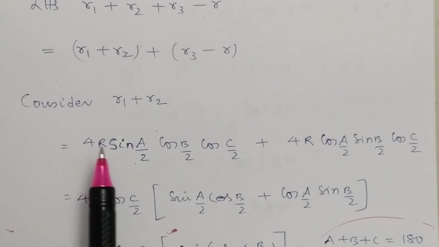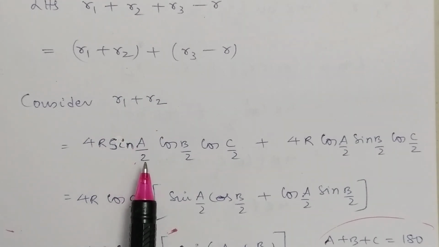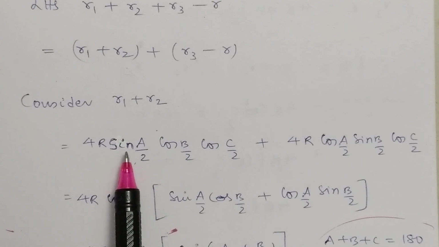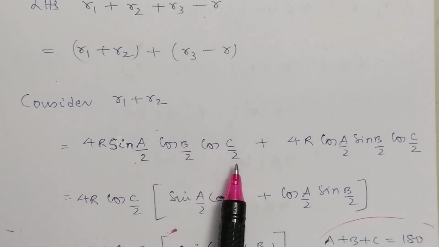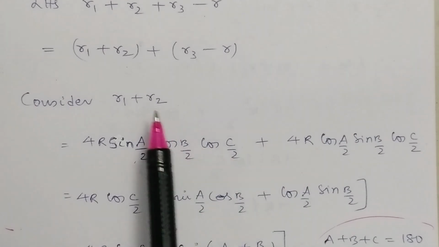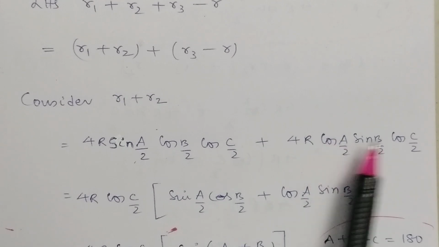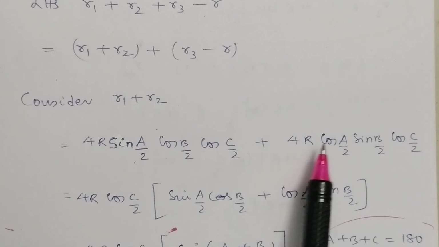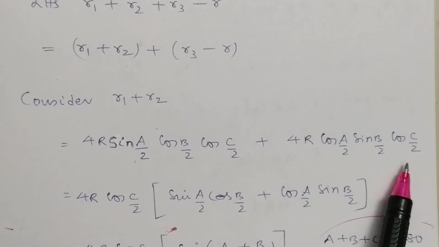So 4R sin A by 2, 1 is for A, so A by 2 in sin. Remaining 2 are in terms of cos, so cos B by 2 cos C by 2, plus 4R, R2 means B. B must be written in terms of sin, remaining 2 are in terms of cos. So 4R cos A by 2 sin B by 2 cos C by 2.